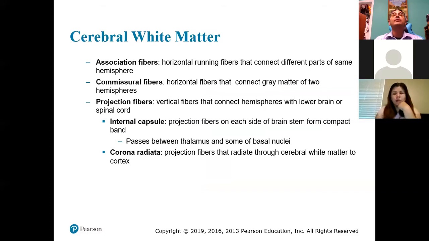When you see that projector, think lower brain and then down to spinal cord. Those are projections. Think of it like a projector: here's the device that's providing it, and the information is coming down. So lower brain to spinal cord, projections. So know the association, commissural, projection. Know those three.